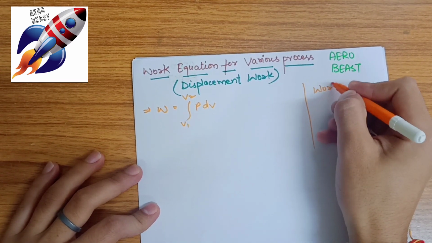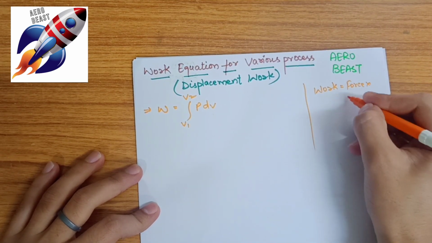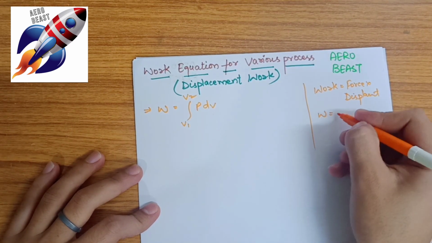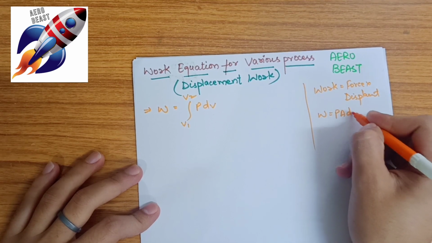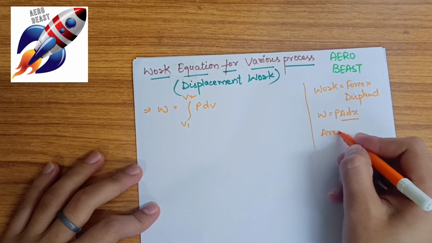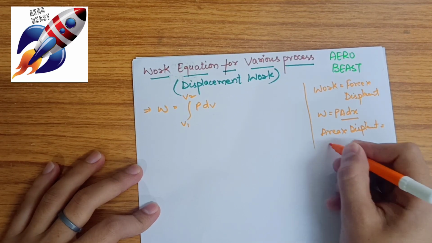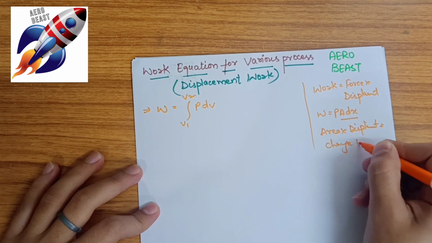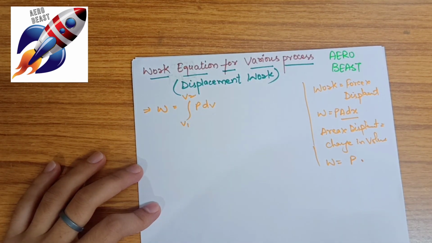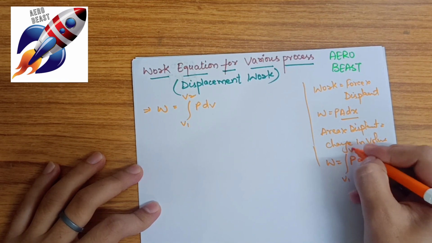Work is equal to force into displacement, and the work is equal to PA dx, that is area into displacement, and area into displacement is equal to the change in volume. Therefore W is equal to the integral of P dV from V1 to V2.